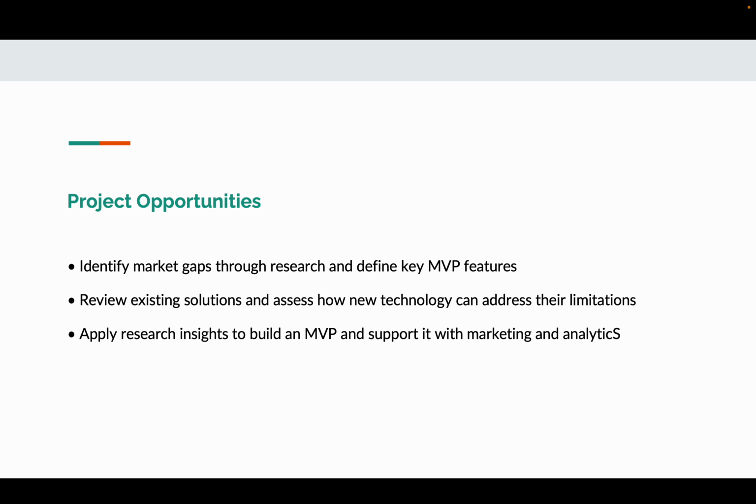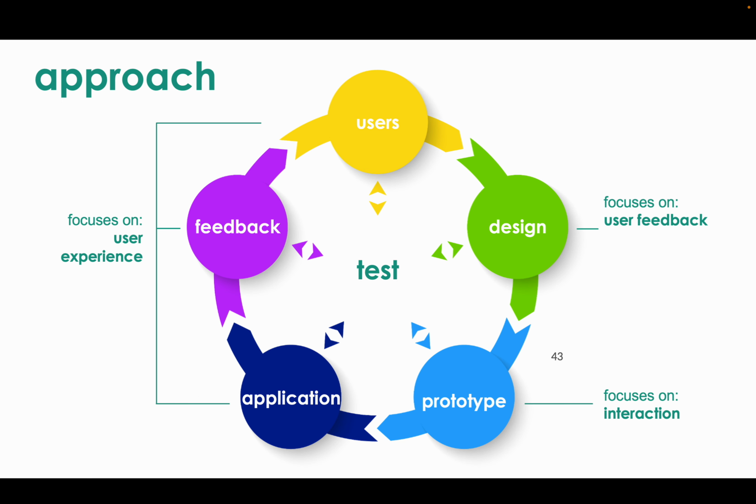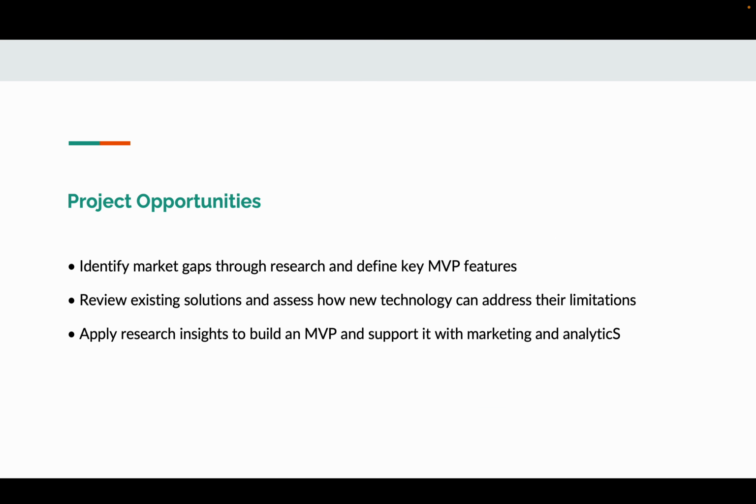And then we also said we want to apply research insights into building an MVP. In our case, this was the MVP, the diagram on the bottom left. But how we got to the MVP, we mentioned you start with a prototype. How you get to the prototype, we also said you collect information from users.